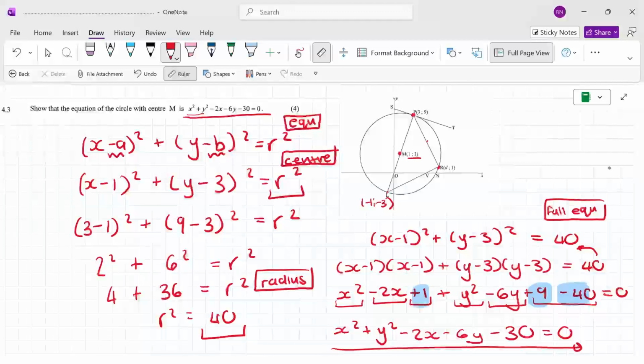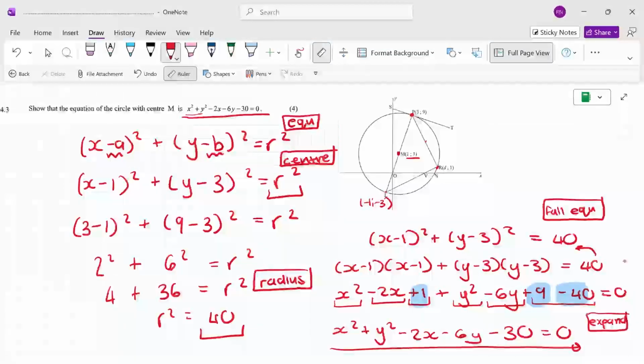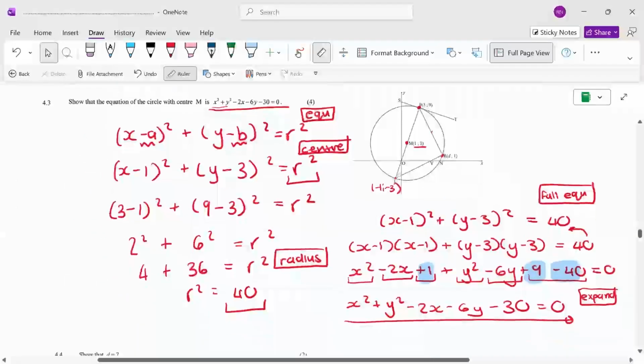And then we expanded that equation to give us the expression we were trying to solve for. Okay, so that is how you would prove that. So you'd first write the equation of a circle, and then try to make it look like what they asked you to show.